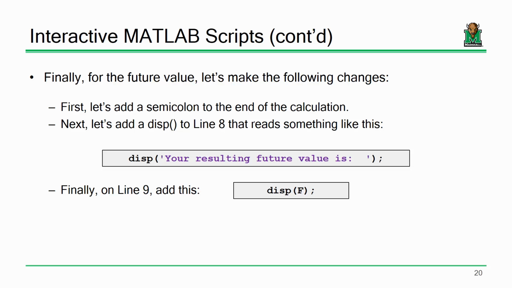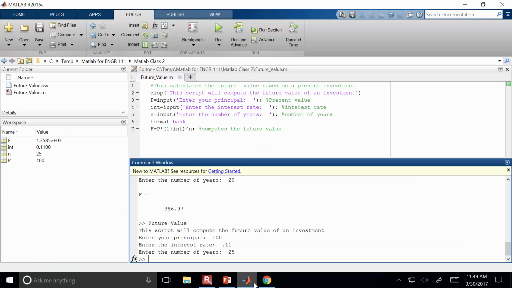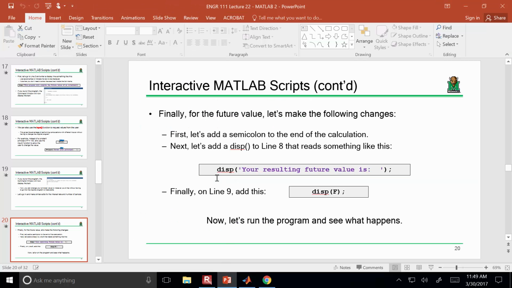So before, it's just been shooting out f equals and then the answer. But what we want is for it to say the results of your calculation, some sort of text that explains and gives context to the output. Okay, so add this to line 8, and then create a line 9 that says display f.